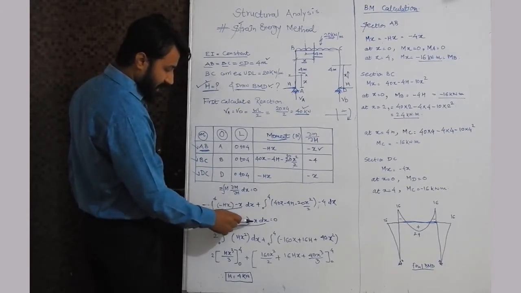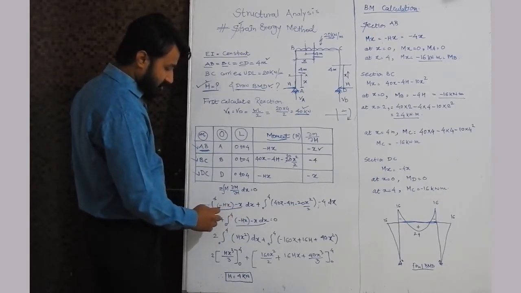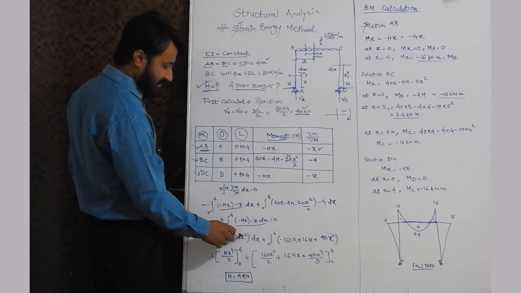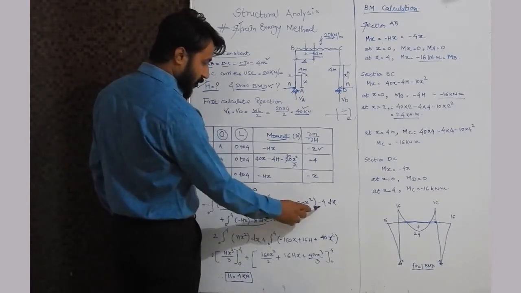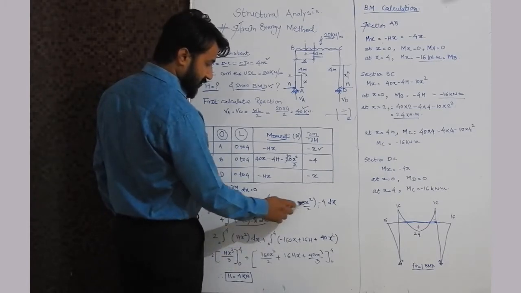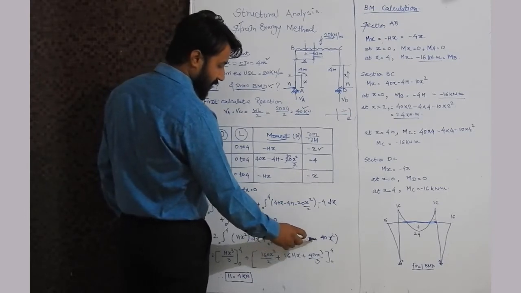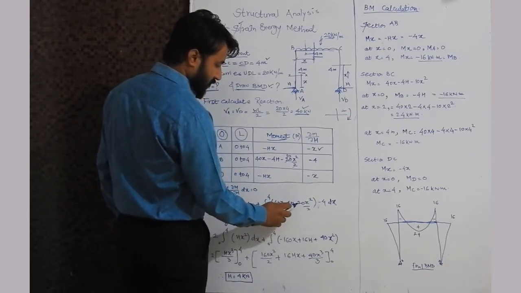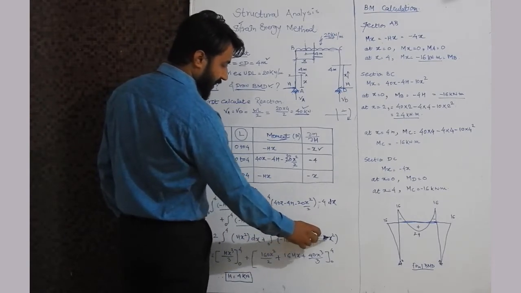Now we will calculate these brackets. So minus x into minus hx, this will be plus hx square into dx, plus 0 to 4, 4 into 40, that is minus 160x, minus 4 into minus 4h, that is plus 16h, plus minus 4 into minus 20x square by 2.